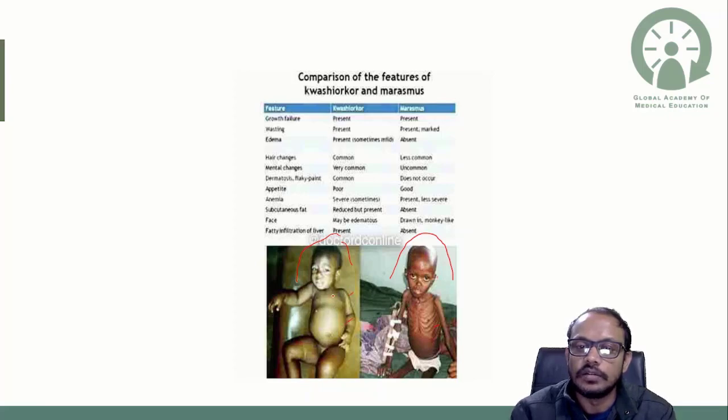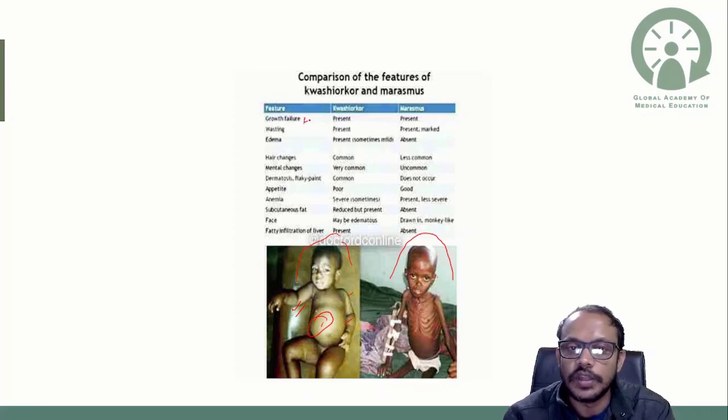People often get confused that this child is not thin and is healthy, but he is somewhat sluggish. This is the actual dangerous thing, because here liver impairment is there, so that edema is there and people miss the malnutrition here.